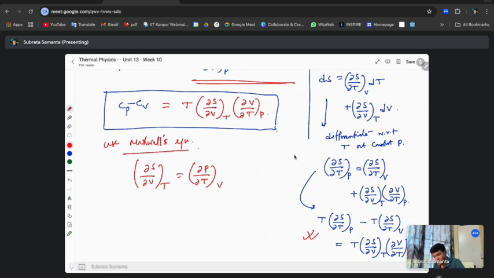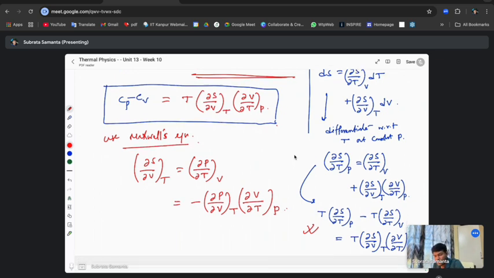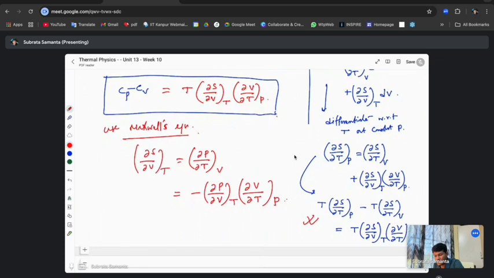Now del P del T at constant volume is equal to minus del P del V at constant temperature times del V del T at constant pressure. This is basically f of P, V, T equals 0, so you can rewrite the del P del T at constant V like this.